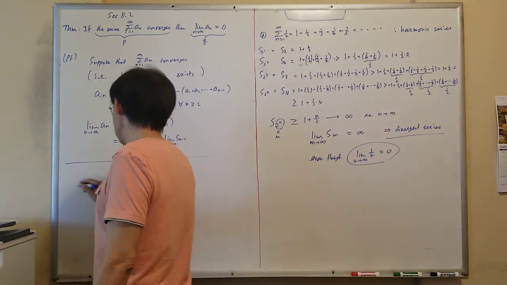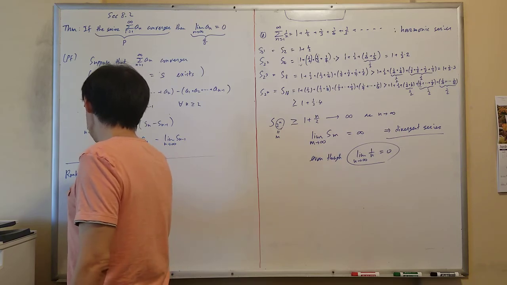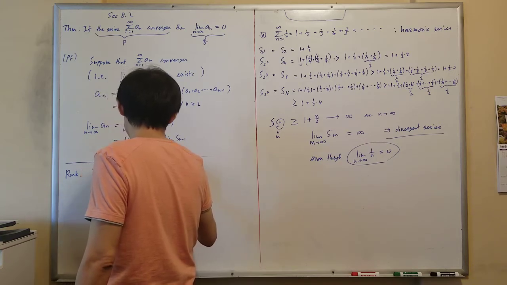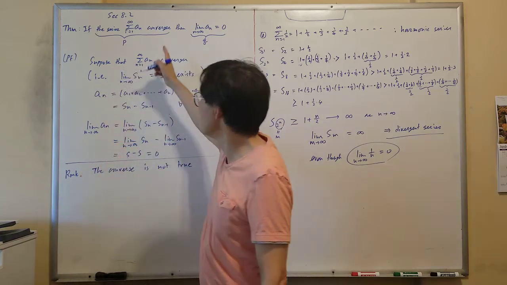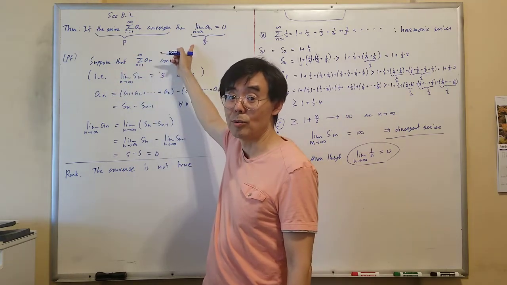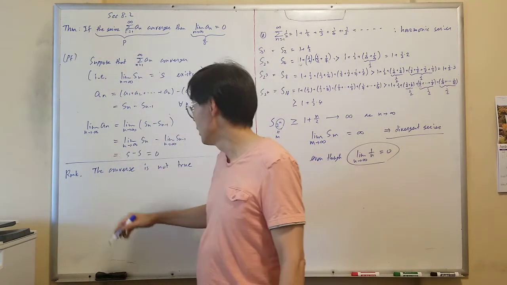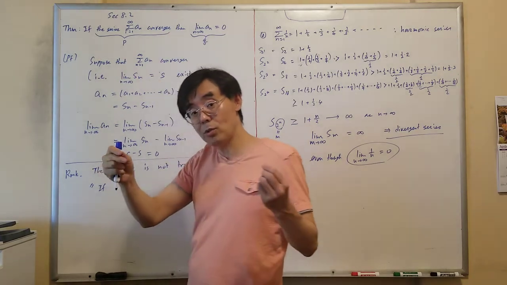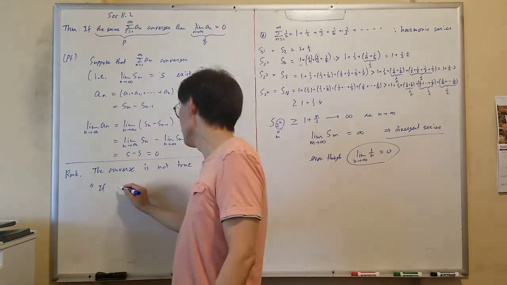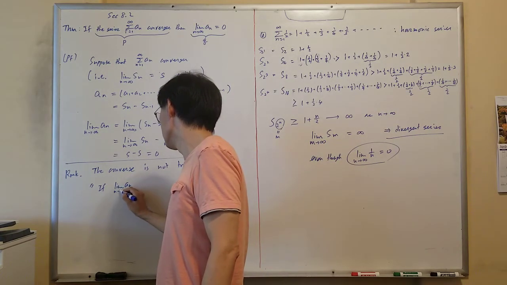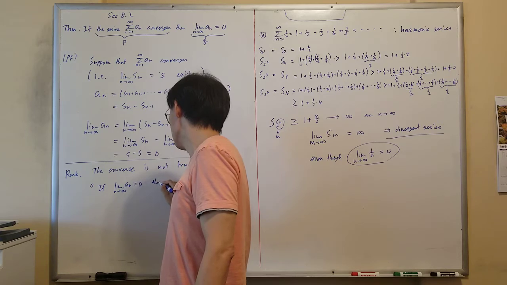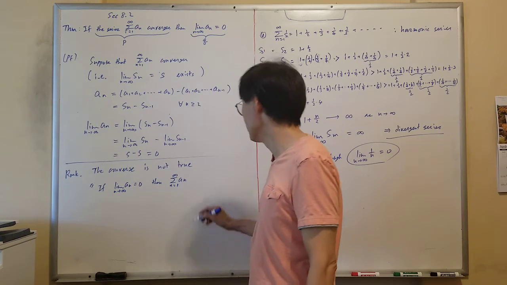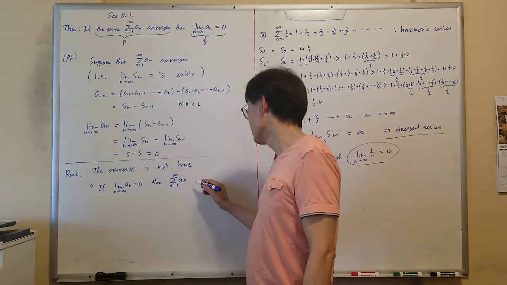Very important remark. The converse is not true. When you have a conditional statement, if P then Q, the converse statement is this: if Q then P, you are switching hypothesis and conclusion. If the limit of a_n goes to 0, then the series converges. This is one of the most prevalent confusions, misunderstandings.